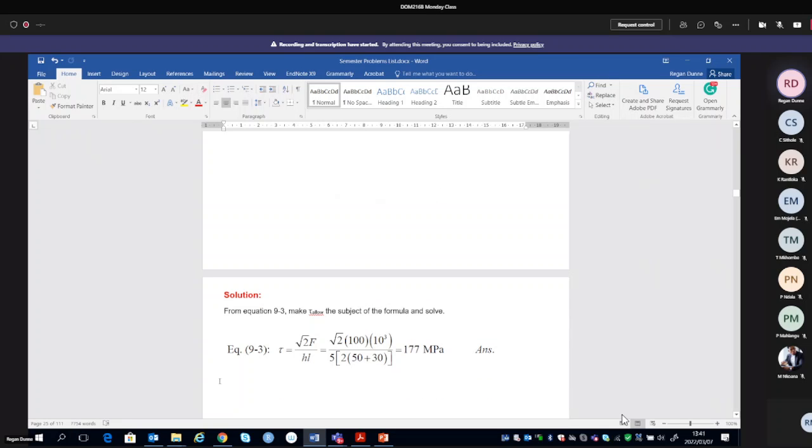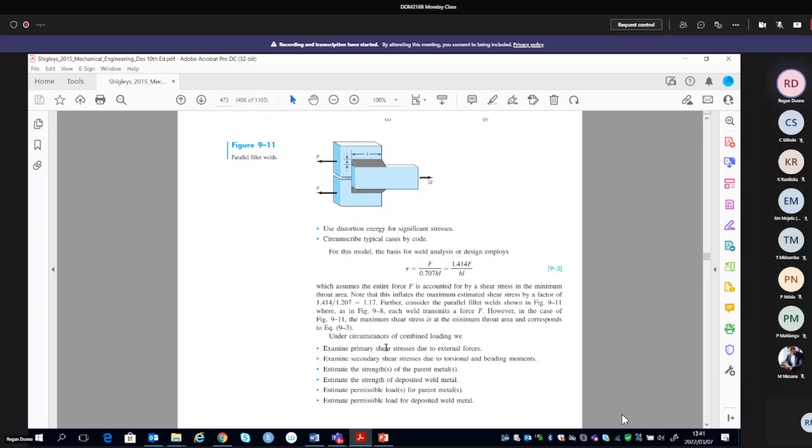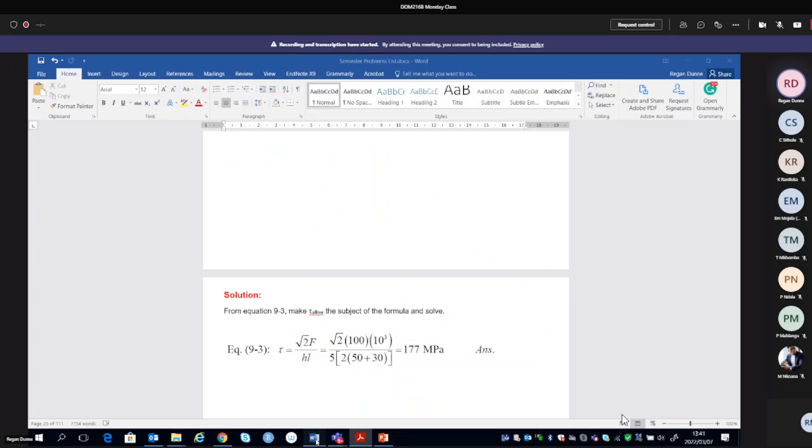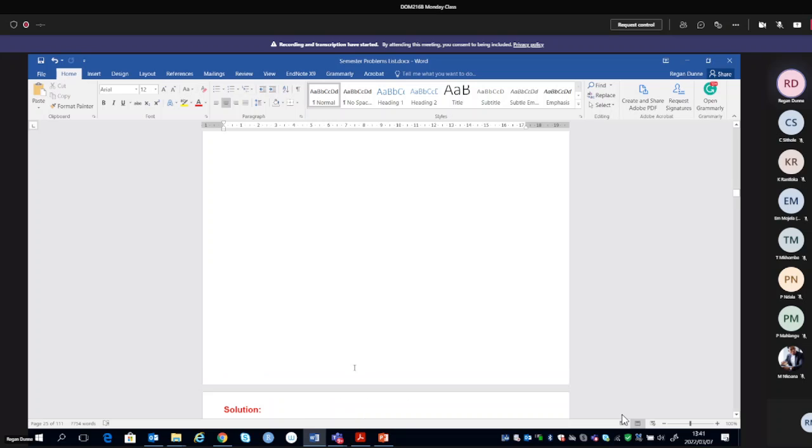So the solution simply is: the shear stress equals the square root of 2 F, which is the same as this equation. The square root of 2 is 1.414. So square root 2 F divided by H times L. Our H is 5 millimeters, and what's the total length?